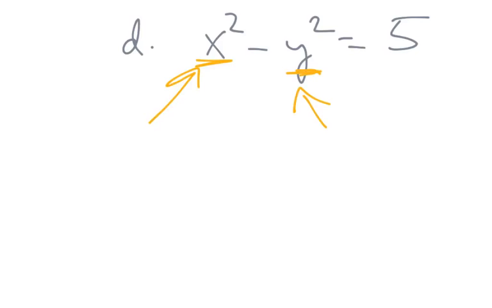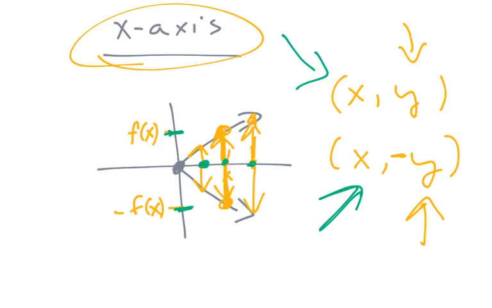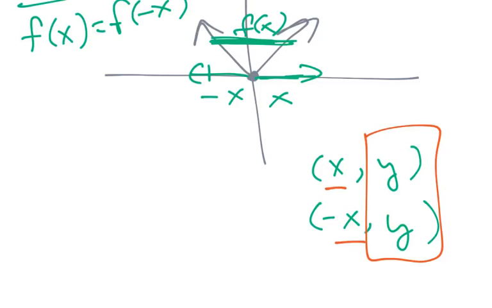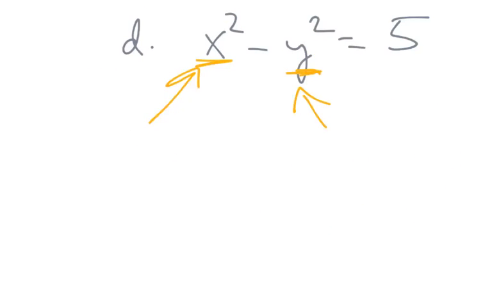So x squared and y squared both produce positive values, right? So what that means is whether you make y a positive or a negative, or whether you make x a positive or a negative, you get the corresponding same values, right? So this function should be symmetrical with the x-axis and the y-axis.